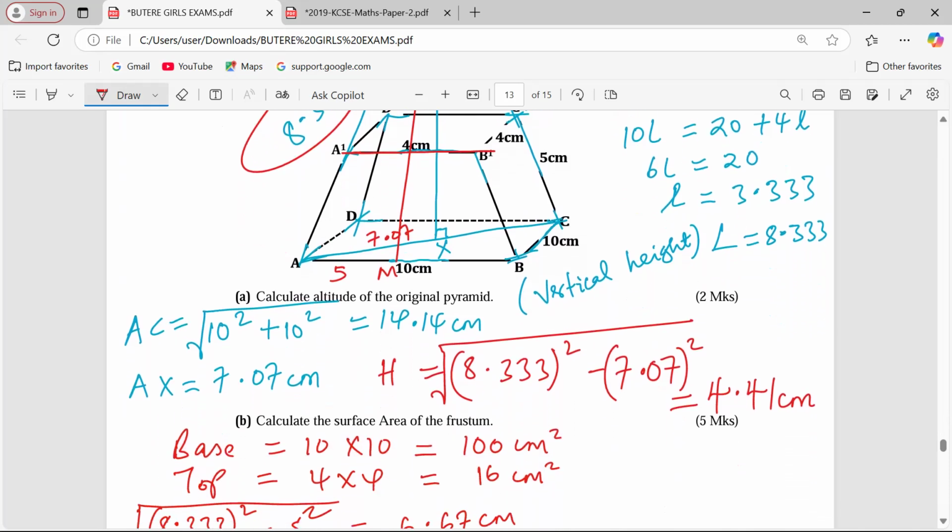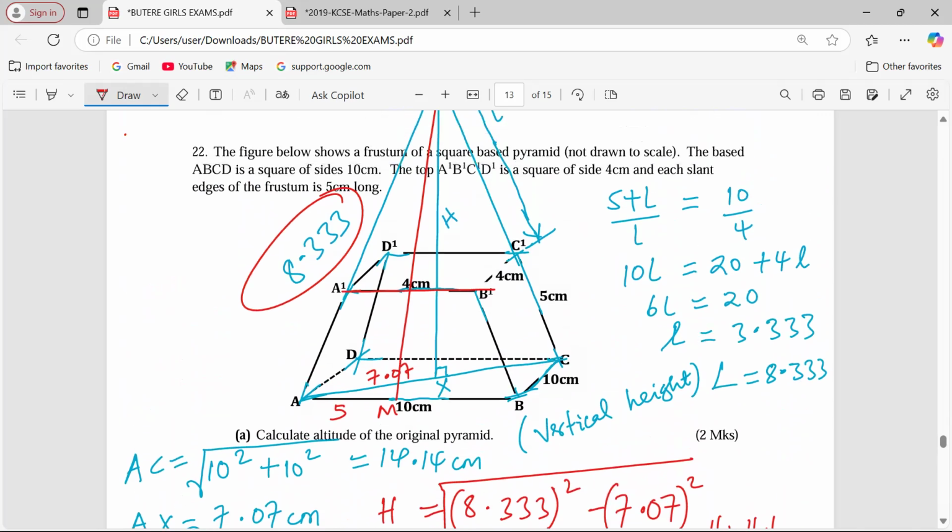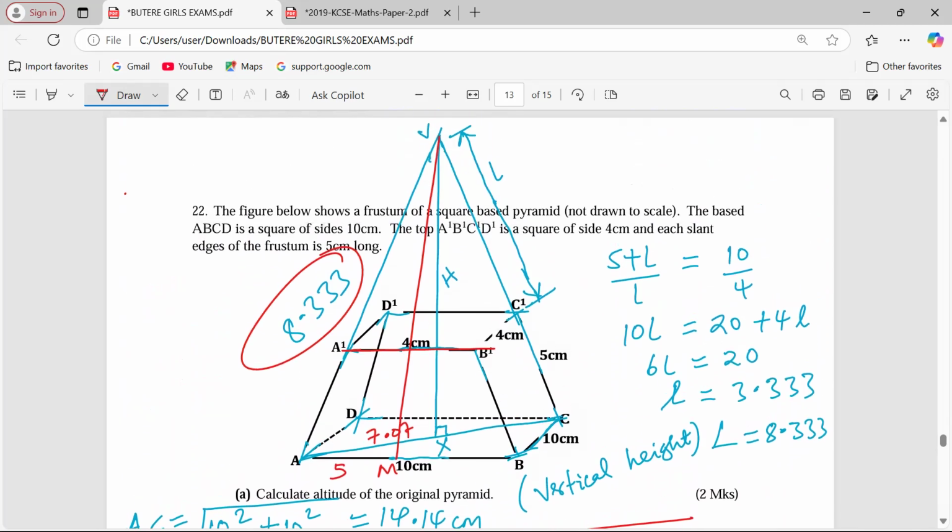That small height can be calculated using Pythagoras theorem again. Remember, this is 3.33, and now we are talking about 2, since the total was 4, so we use 2.